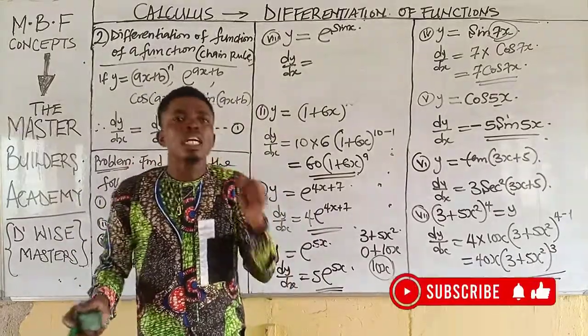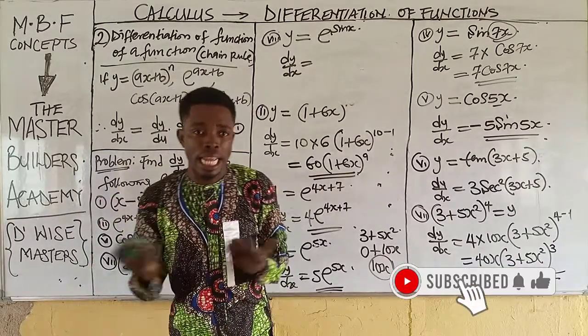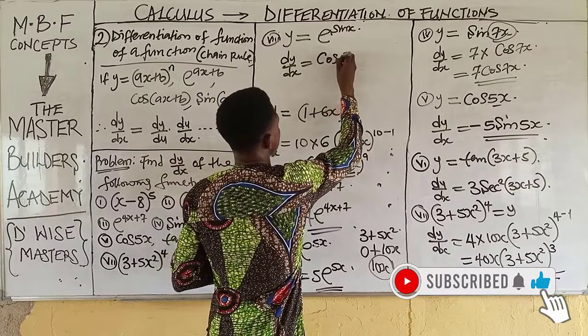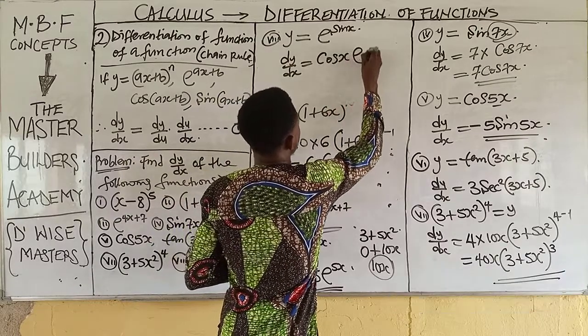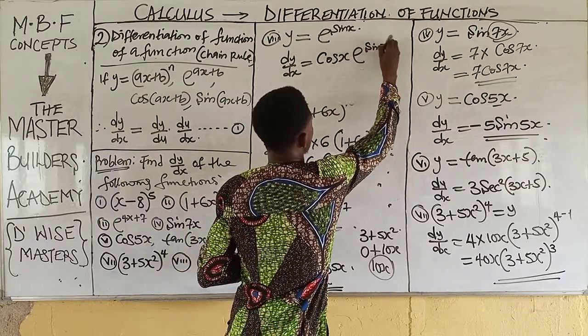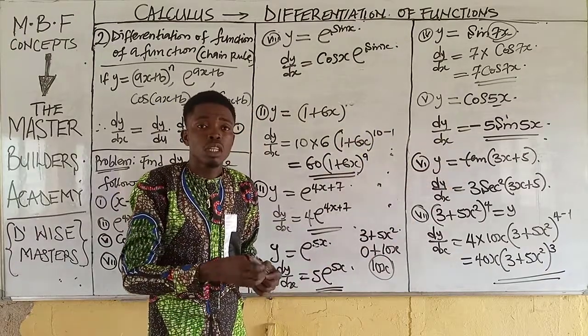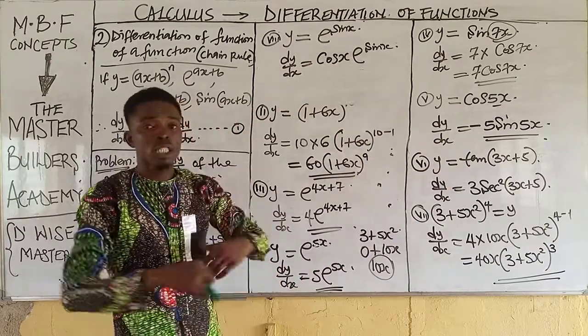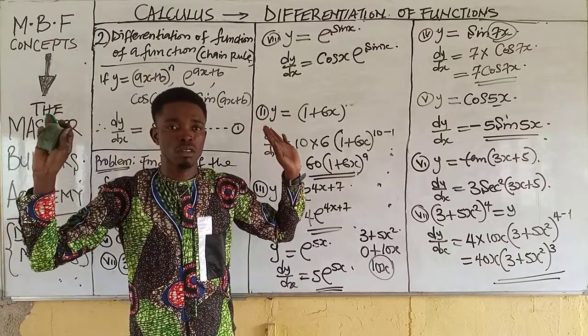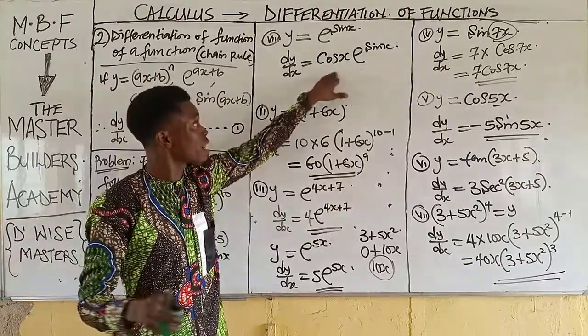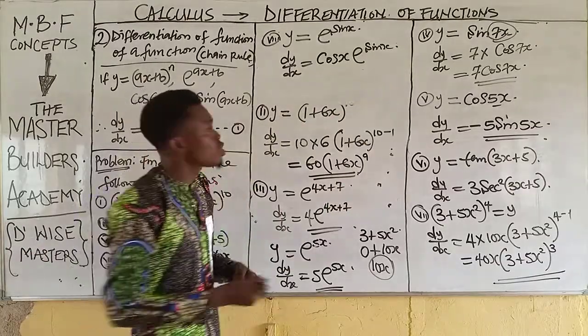This is sine x. Now, differentiate sine x. When we differentiate sine x, we have cos x. Now, multiply by exponential sine x. That's all. All you do when you are dealing with an exponential function is to differentiate the power of the exponential function. Then multiply by the whole function you were given. This is the answer to this question.